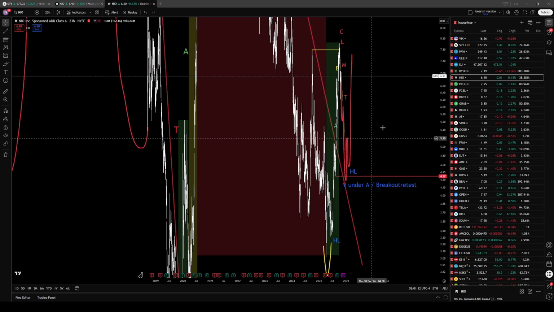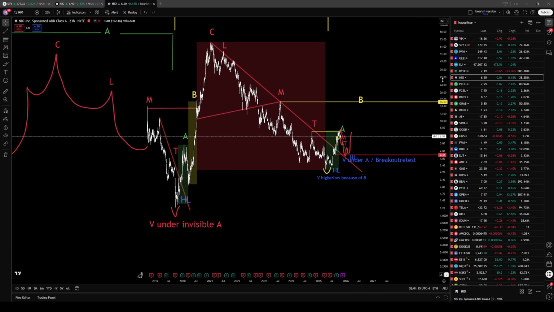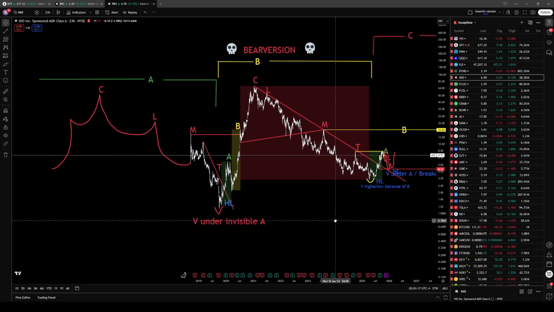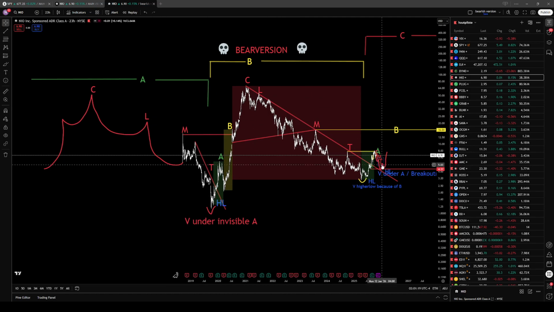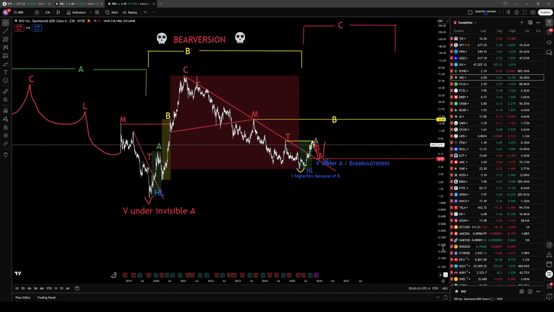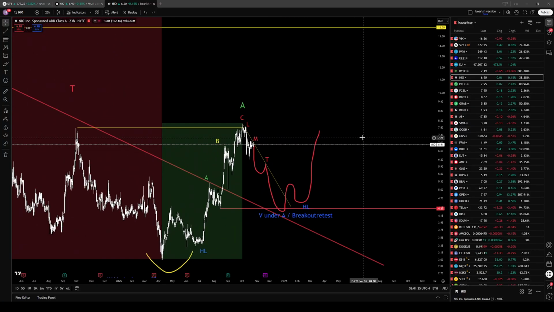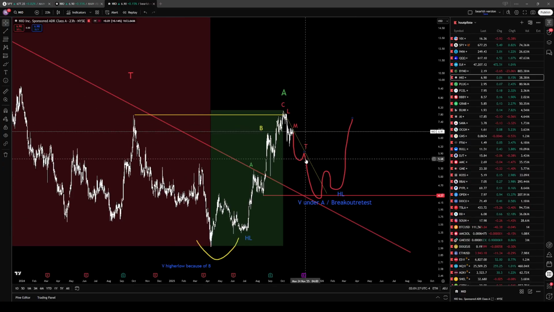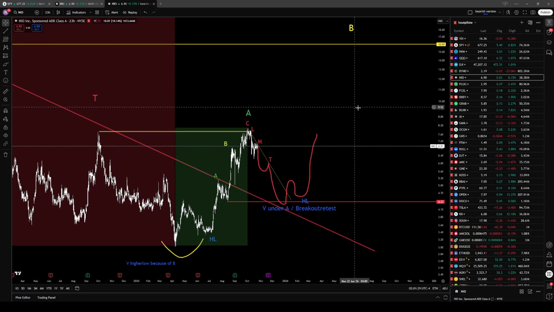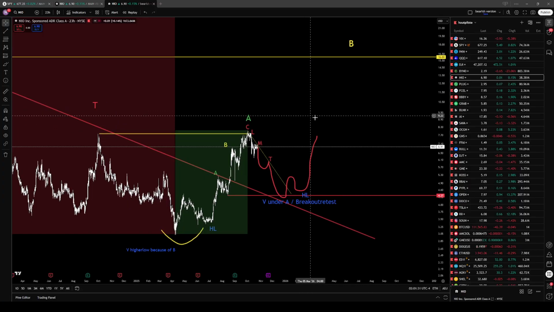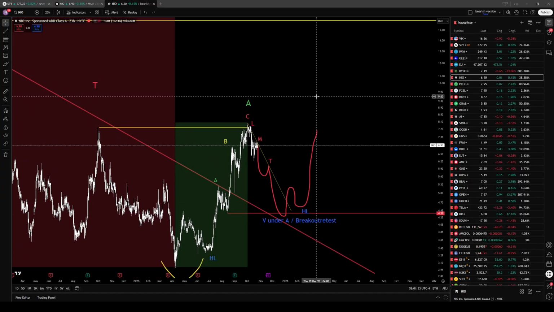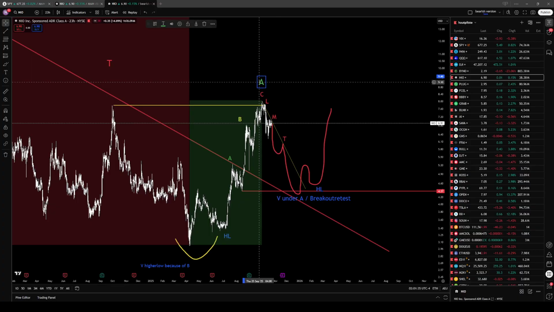So for the bearish version, not much is changing. It would be the same chart with only one difference. The only difference is that the pullback of A is not finished right now. For that case, our A peak is in, of course.